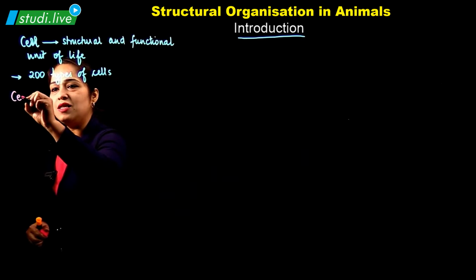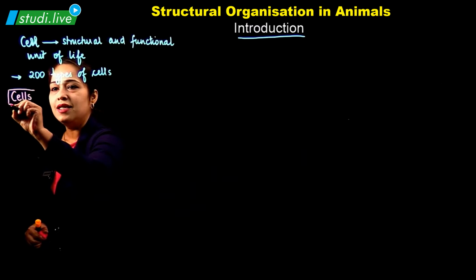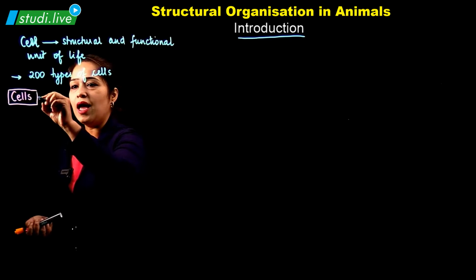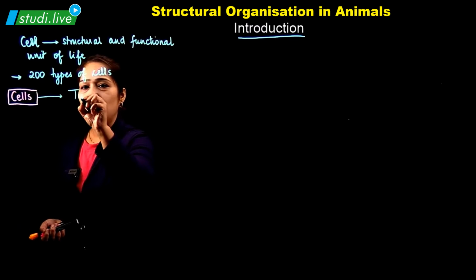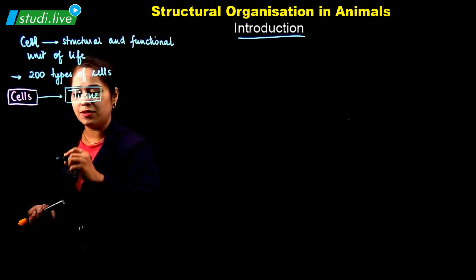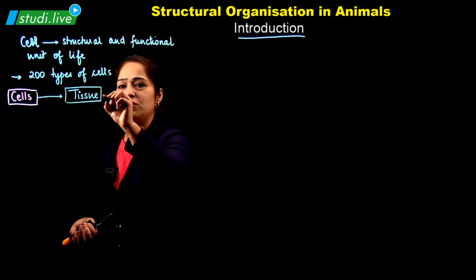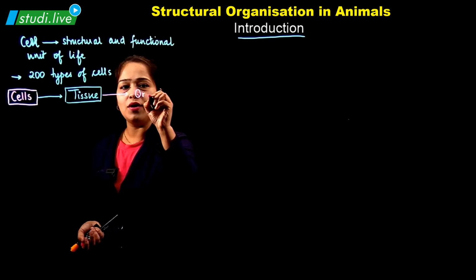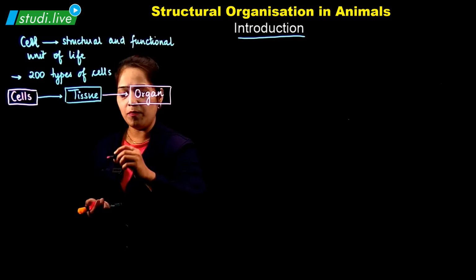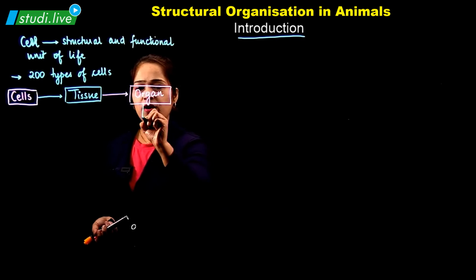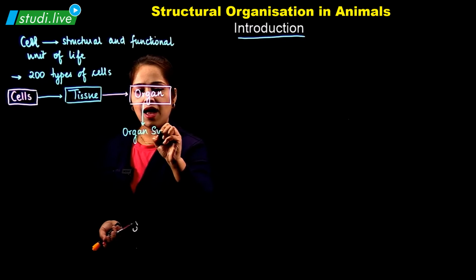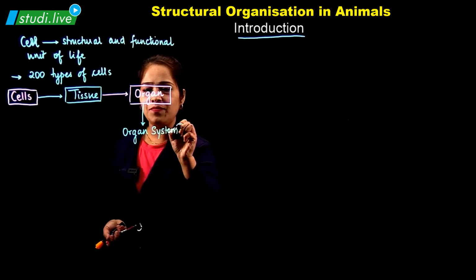So we have cells over here. These cells combine together to form the tissue. Then a group of tissues together forms the organs. Different organs come together and form the organ system.